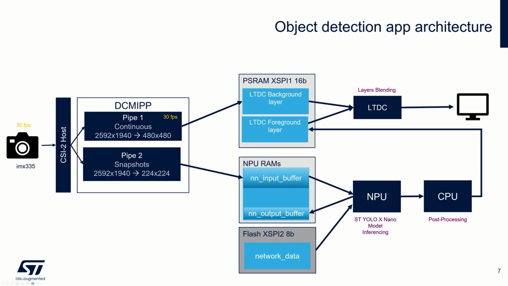And the network data, the weights of the model, are stored in external flash. Then, after execution of the model, the output is post-processed and we have layers blending, and finally we can see the result on the screen. Blending is needed because we need to blend the live video stream and frames to show the detection of the objects.